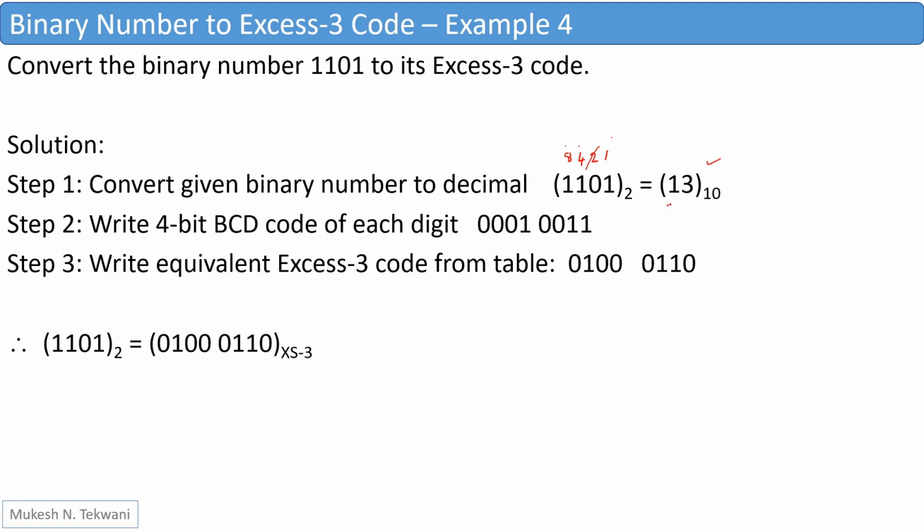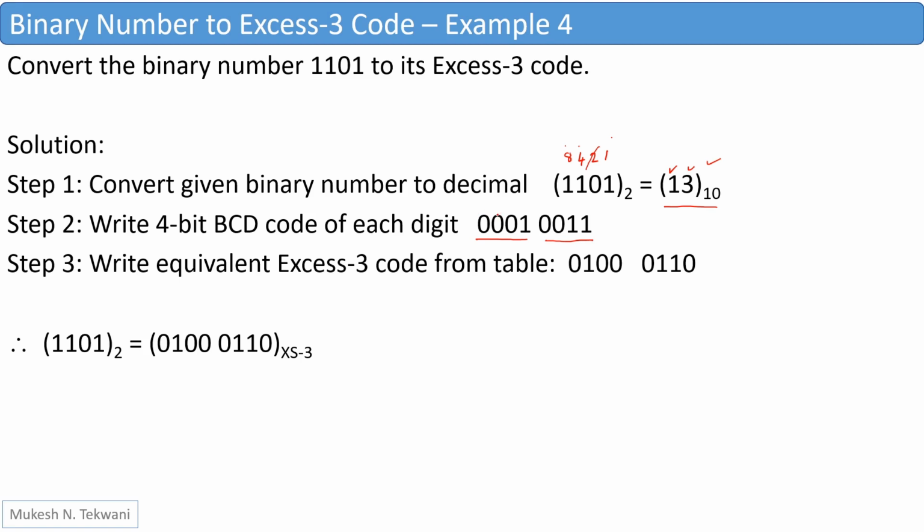Now here is the decimal number given to us. We will now convert each digit of this to its 4-bit value. So 1 can be expressed as 0001. Now come to the digit 3. This 3 can be expressed as 0011. Mind you, these are the BCD digits.